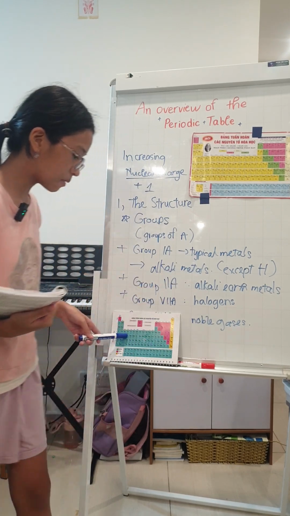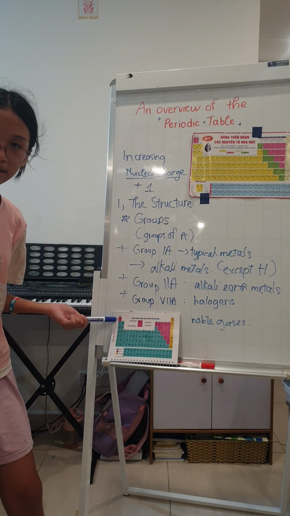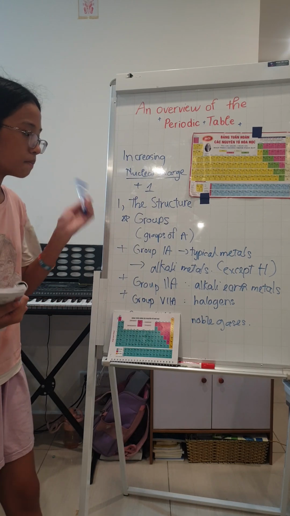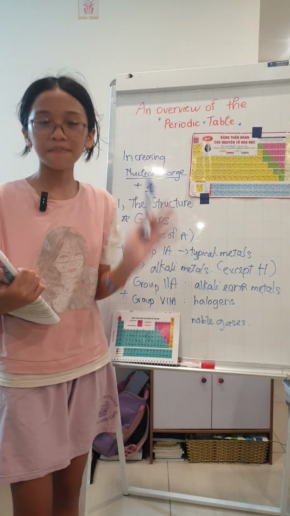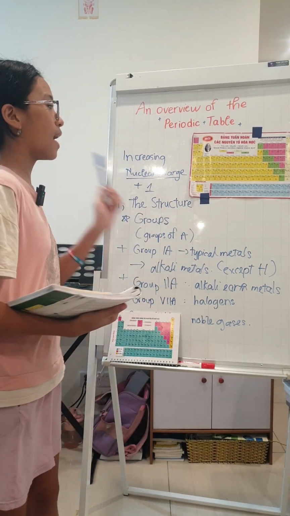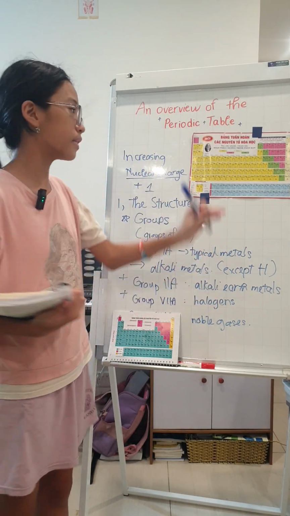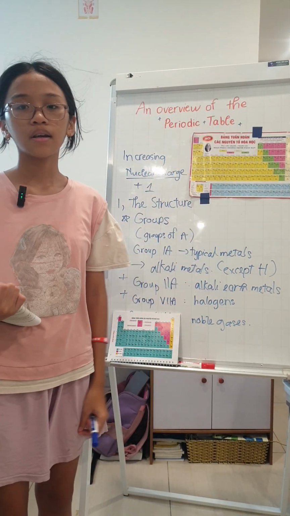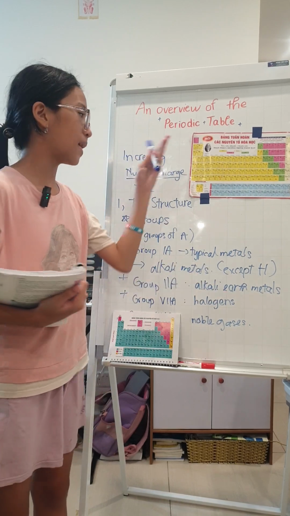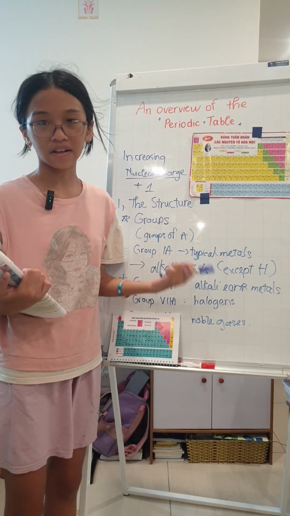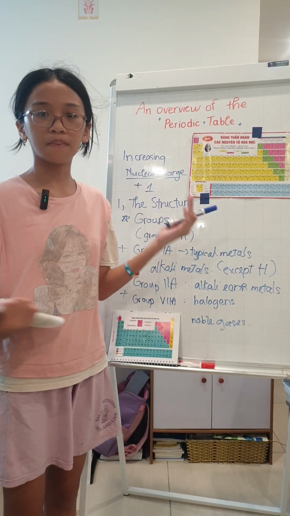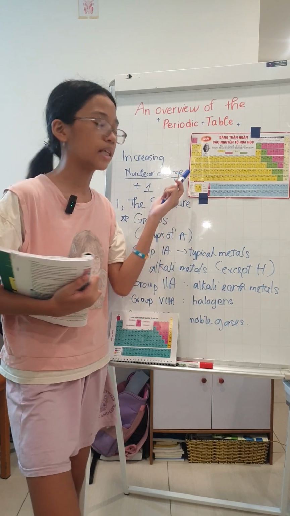And in the periodic table here, hydrogen is marked as a nonmetal. But hydrogen has similar properties with the elements in group 1A. So that's why it is placed on the top of that group. But to be placed on the top doesn't mean that it's an alkali metal. It just has similar properties with the other elements in that group.